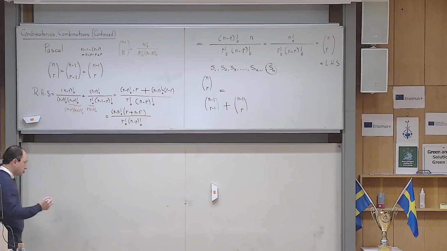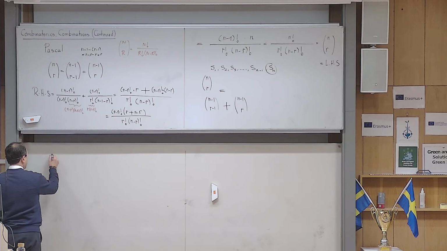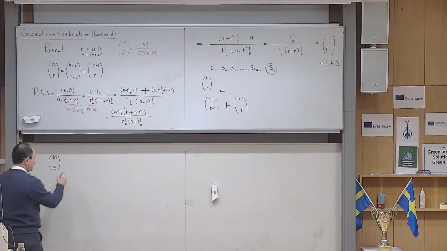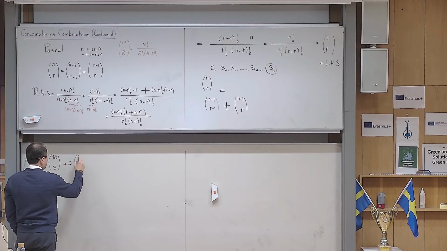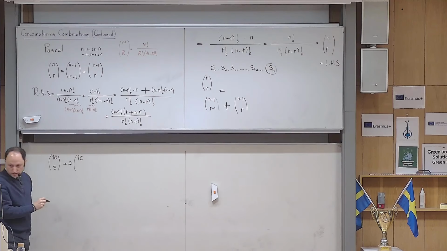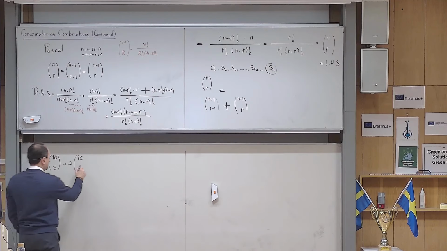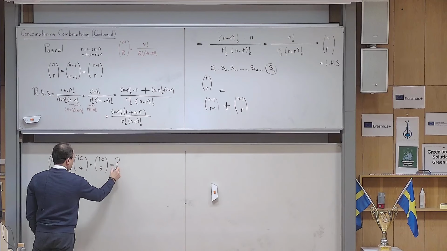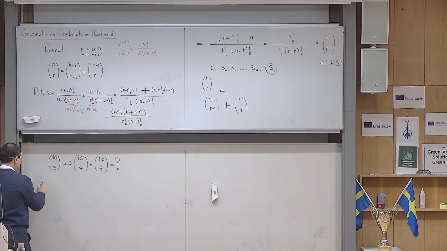So it's a multiple choice question. So let me write 10 choose 3 plus 2 times 10 choose 4 plus 10 choose 5. Okay, so it's a multiple choice question. I ask you what this is, and I am offering you 4 options.